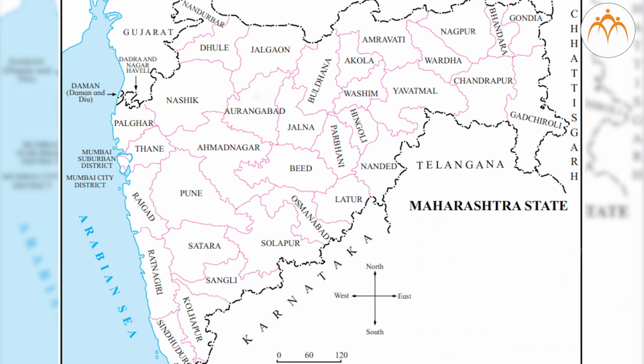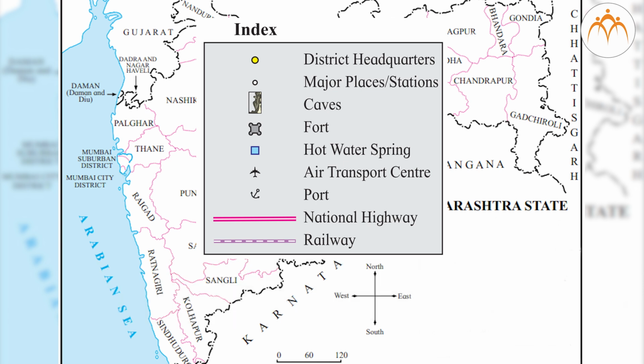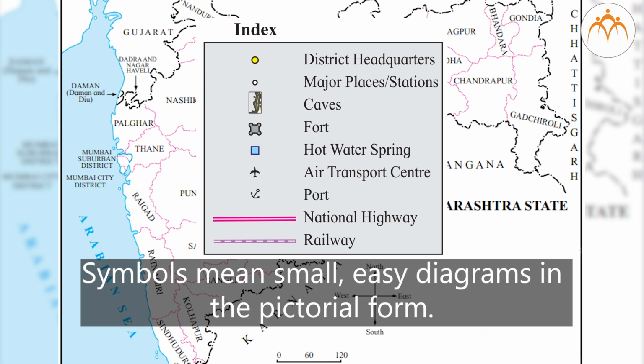You know that there are some signs and symbols in the index. Let us try to recall them. These signs and symbols are in the form of geometrical shapes and figures. For example, point, triangle, quadrilateral, lines, etc. Symbols mean small, easy diagrams in the pictorial form.